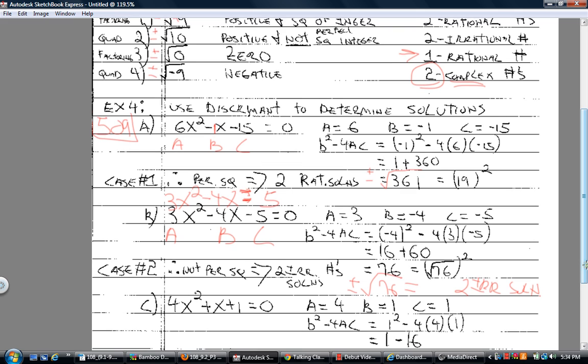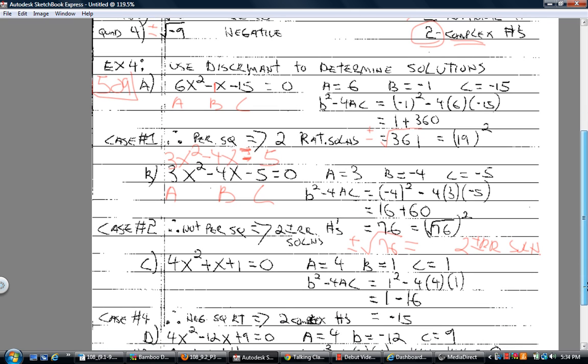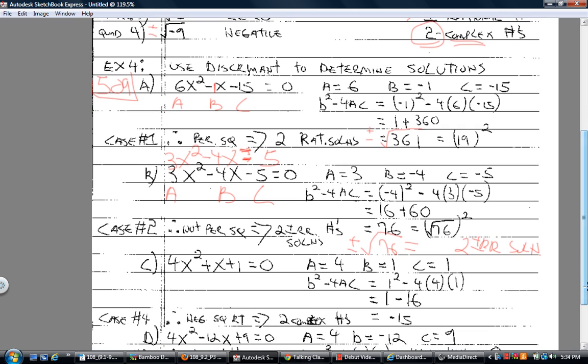It's just a matter of making sure it's in standard form, get your accurate A, B, C coefficients, plug them into b squared minus 4ac, which is the discriminant, and you do a little arithmetic and you see what the result is. So let's look at case number C. 4x squared plus x plus 1. Don't forget, if you don't see a coefficient in front of a variable, put your 1.